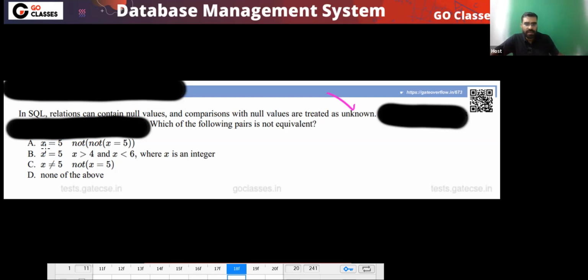So you can notice x equal to 5. Can I say this is equivalent to not of x equal to 5?